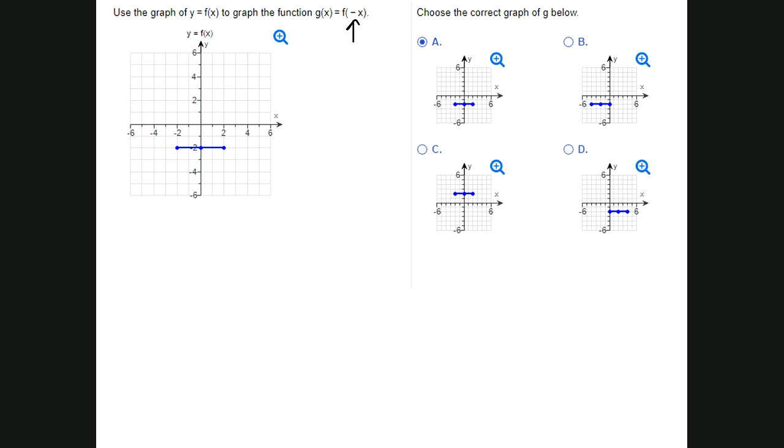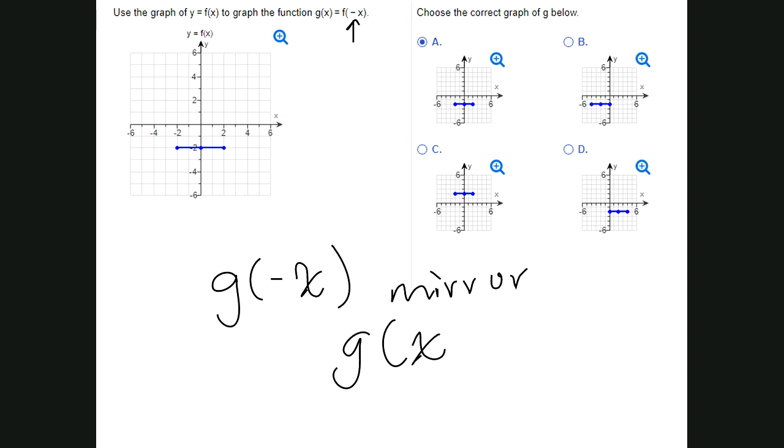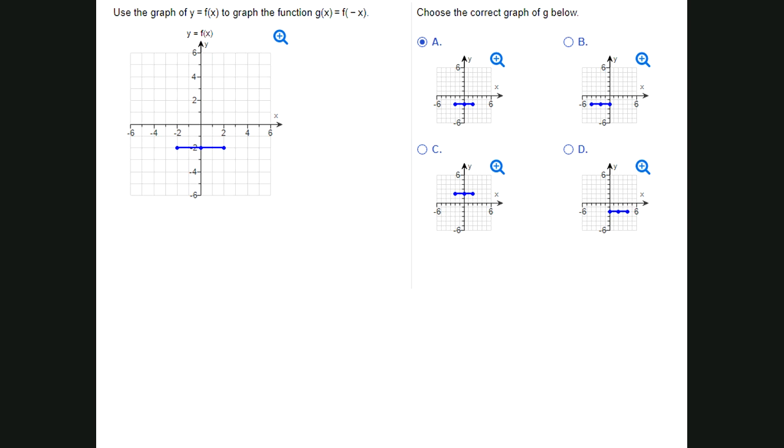Any points on the y-axis stay on the y-axis. It's the points off the axis that switch sides. This is always true: g of negative x is the mirror image of g of x. So they're mirroring each other. Plugging in the minus of the argument gives you a graph that is the original reflected in the y-axis.